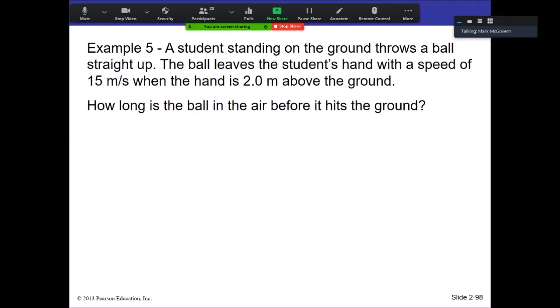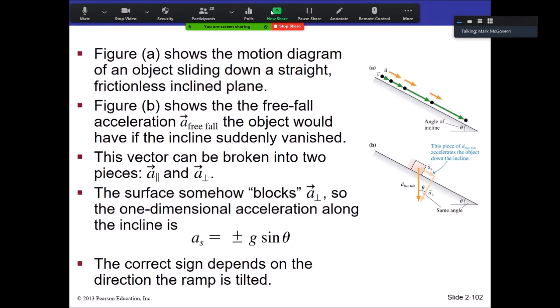You will use 9.8 meters per second squared when the object is in free fall, freely falling without any other influences. If an object is falling down an incline or something, you could still solve those problems pretty easily. Say we have an object that's sliding down an incline.